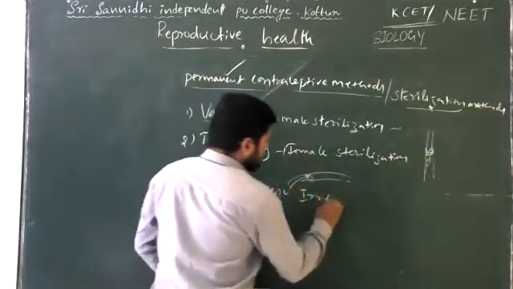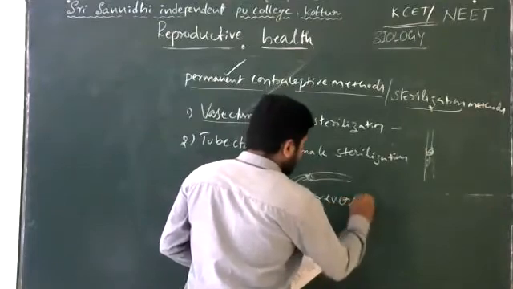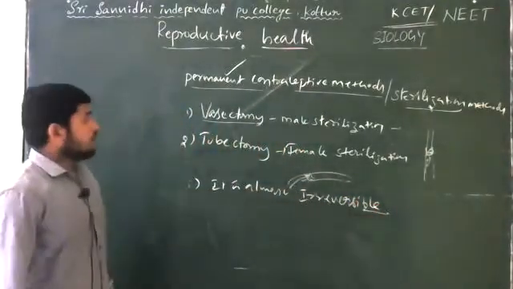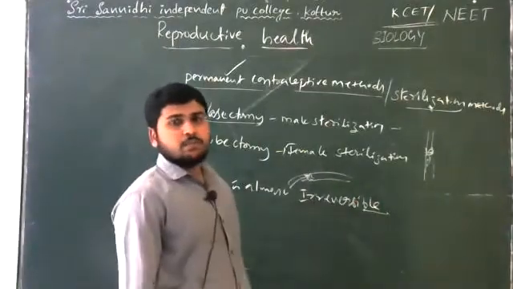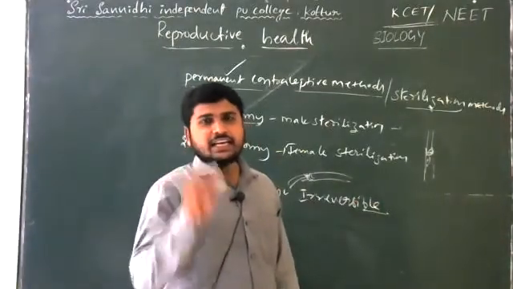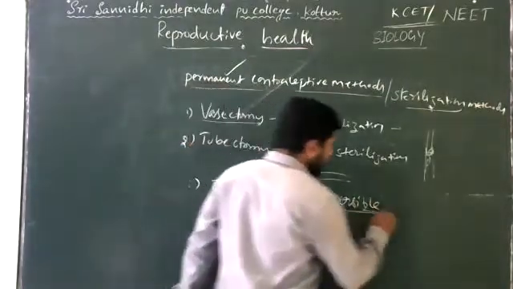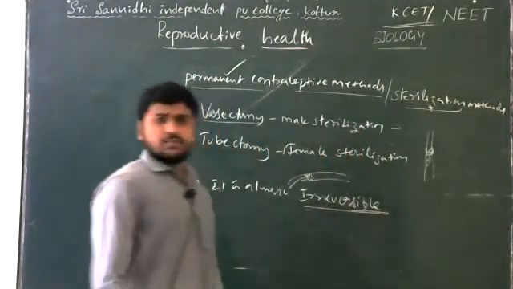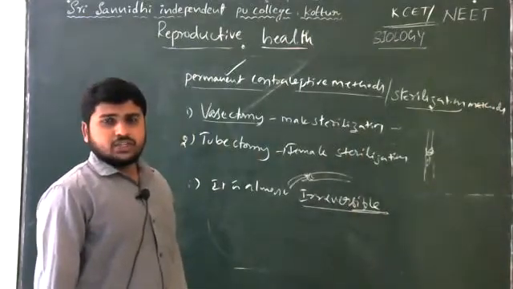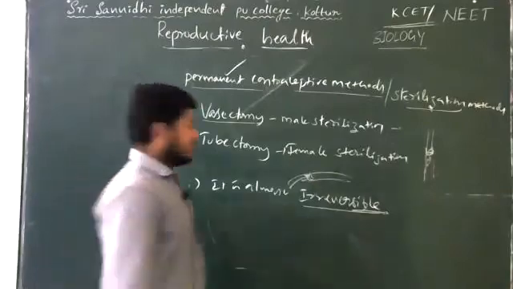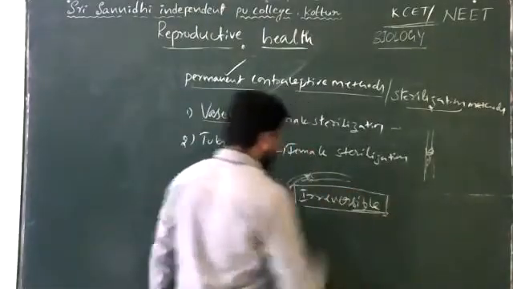Remember, permanent contraceptive methods have poor reversibility. That means they are generally irreversible methods, rarely reversible. That is why it is irreversible in nature.